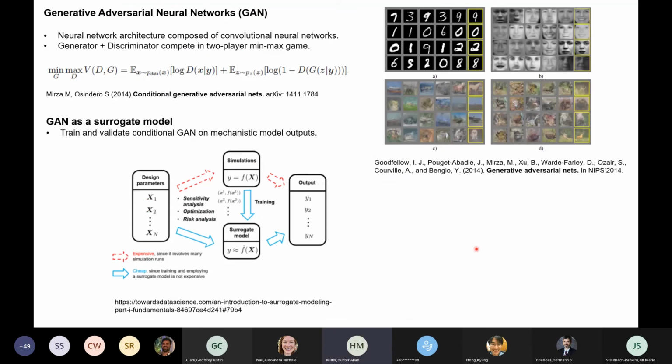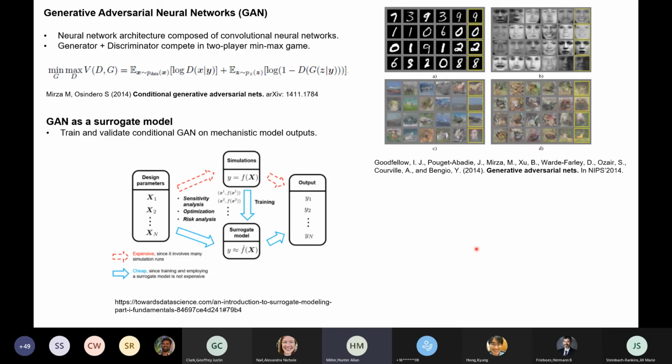So for the final part of my dissertation, we are interested in investigating the potential for a machine learning algorithm to act as a surrogate model of the mechanistic tumor growth model. And a promising candidate is a generative adversarial network, or a GAN, which is a special type of neural network architecture composed of convolutional neural networks.